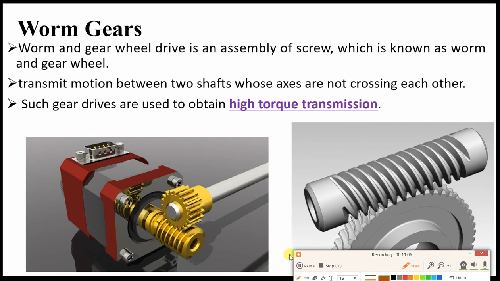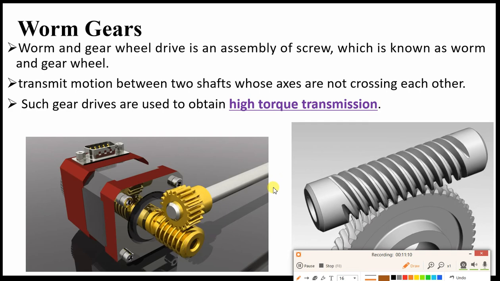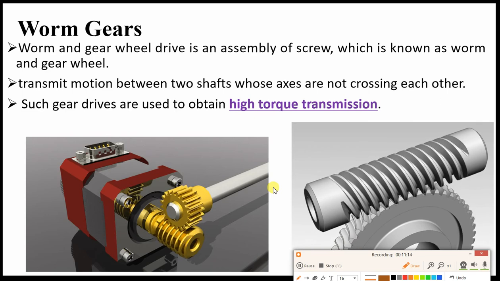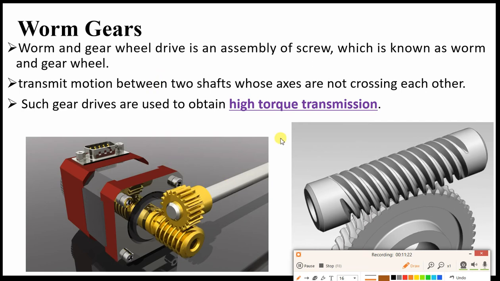So you have observed the screw. When you rotate the screw, it is rotating and it is also moving linearly. So the function of worm and worm wheel gear is to transmit rotary motion into rotary motion as well as linear motion. You are observing the shop shutters.